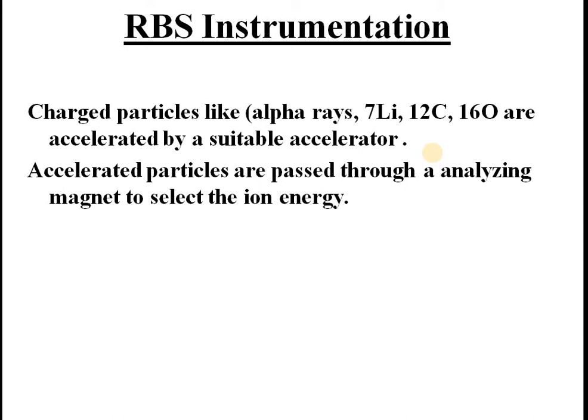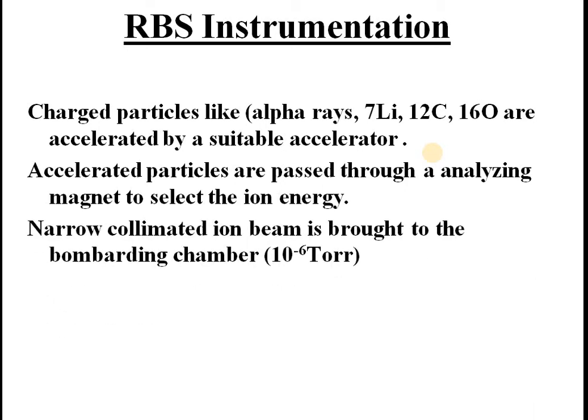So by passing through a certain magnetic focusing system, a magnetic filtering system, you can say, the energy of the incident particles is filtered and exactly measured before collision. And the same ion beam is passed through a certain magnetic focusing system and collimated, just like in a spectrometer.